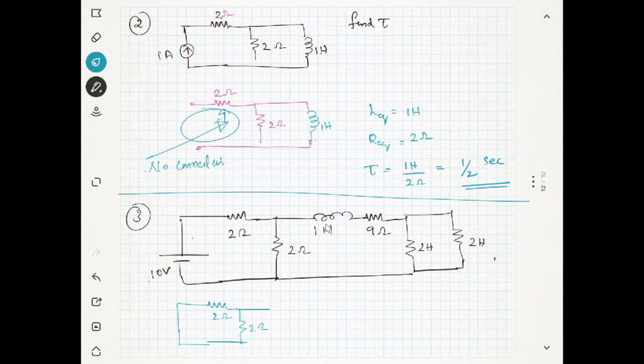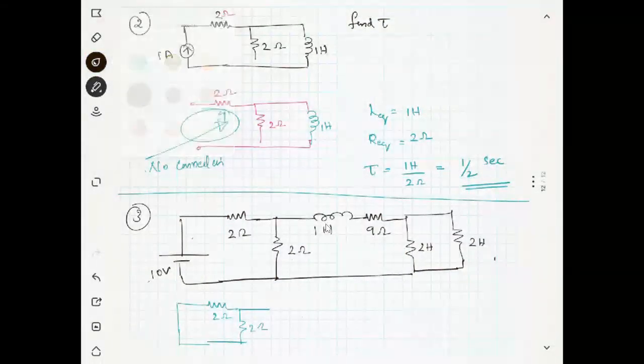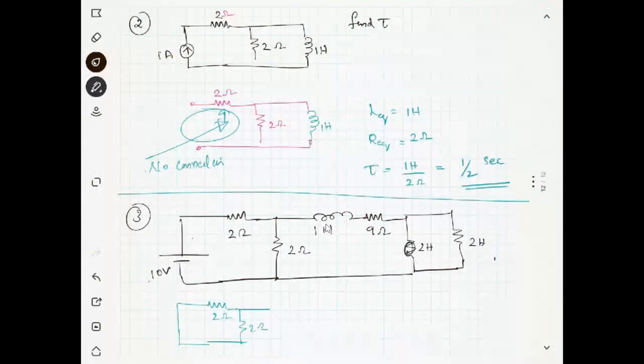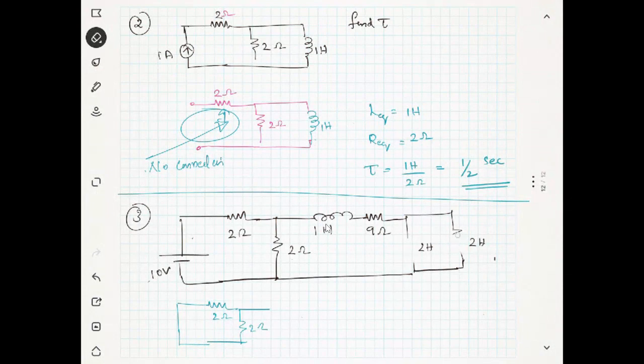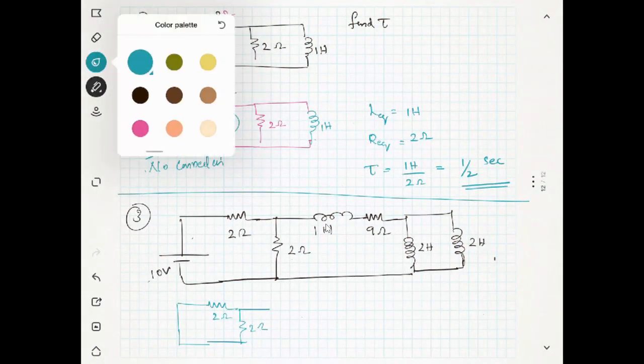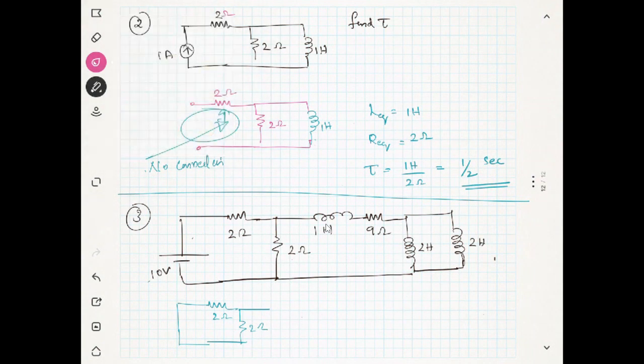Now I am going to play a trick here. This is 2 Henry, it's an inductor. I have made a mistake in the drawing; it's actually an inductor, that's why 2 Henry. Coil here, coil here. Now what I'm going to do is change the 9 ohm here and the 1 Henry here.